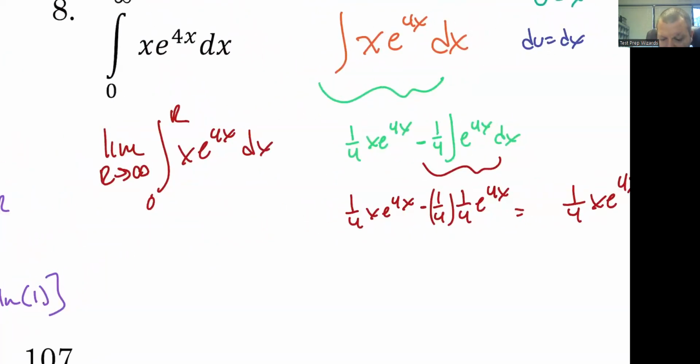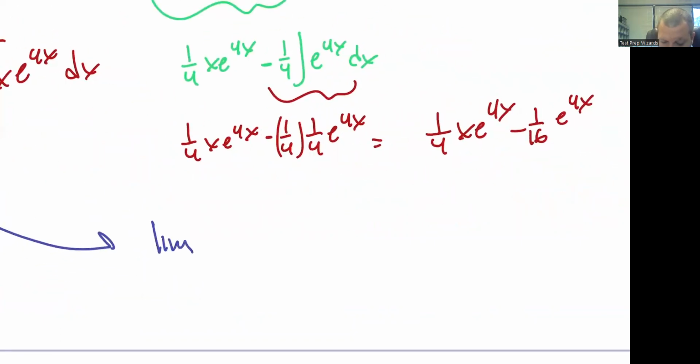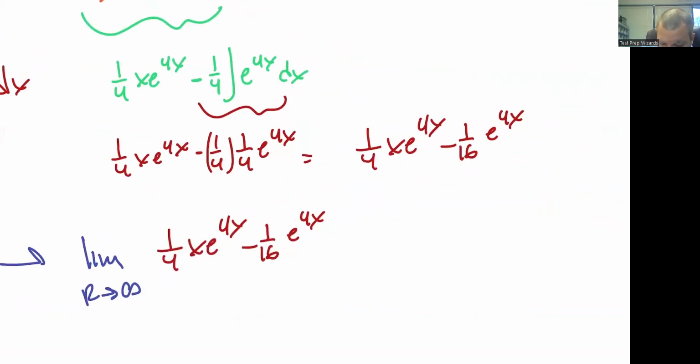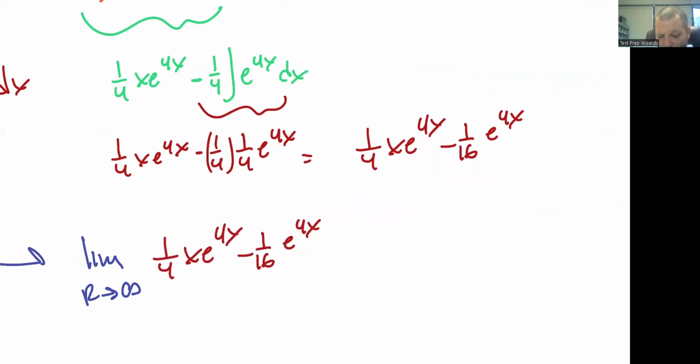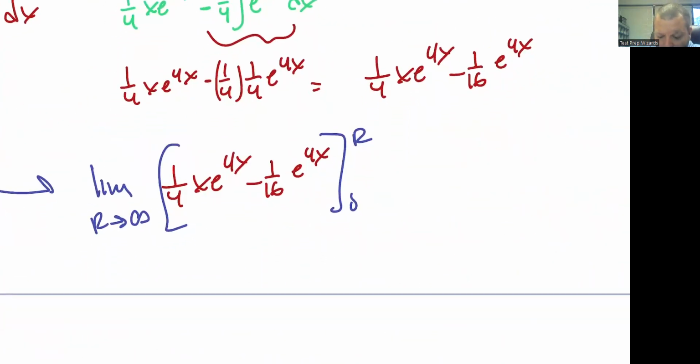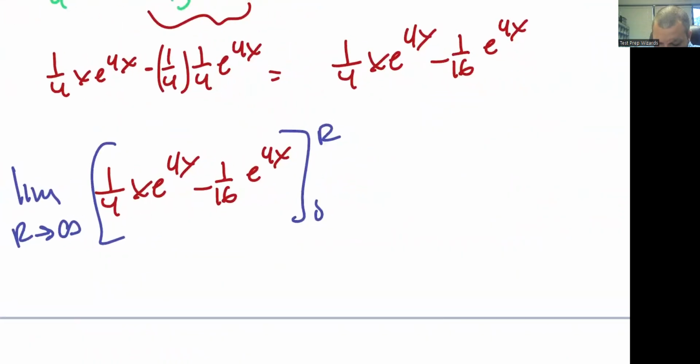We found that antiderivative, so this is going to be the limit as r approaches infinity of what we just found. I could pull out a 1/4, I could pull out a 1/16, but I don't really care at this point. When we take our antiderivative, we're going to get 1/4 r e to the 4r.